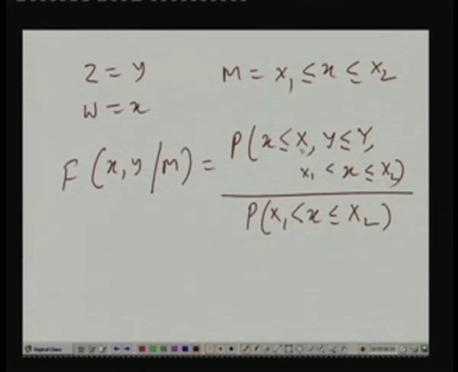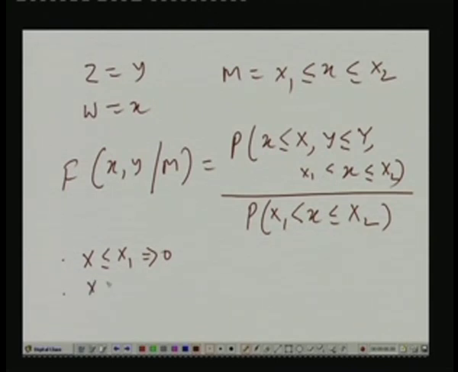Now, if this capital X is less than x1, the two things are jointly occurring: x has to be less than or equal to some given capital X, at the same time x should be greater than x1 and less than or equal to x2. If capital X is less than or equal to x1, then two things cannot take place together, that x is simultaneously above x1 and less than or equal to capital X, that is not possible. So, if capital X is less than or equal to x1, this is 0.